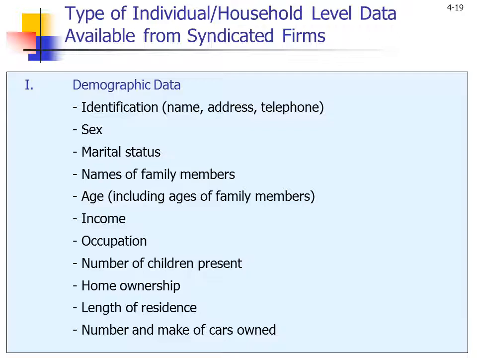The syndicated firms introduce data collection services for firms to collect data about the consumers, competitors, suppliers, and distributors. They collect and gather all these data in the industry or marketplace that the firm works in, and can provide this secondary data to firms, like the demographic data about the consumers: identification, sex, marital status, names of family members, age, income, and occupation.